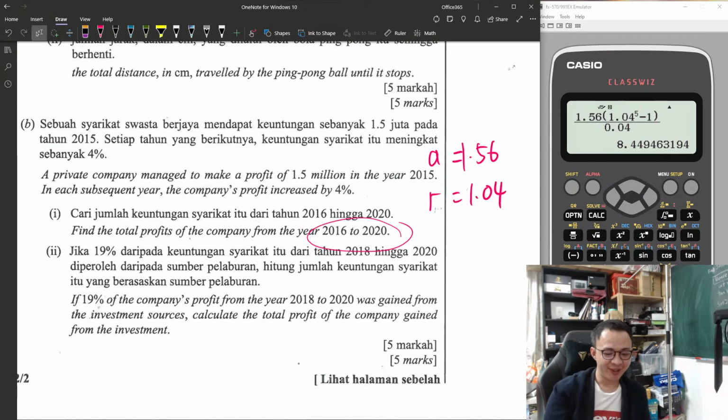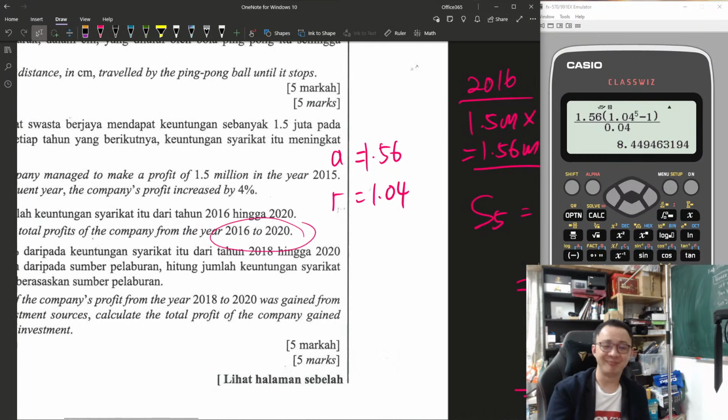Then, if 90% of the company profit from 2018 to 2020 was gained from the investment source, calculate the total profit the company gains from the investment. So I just want to find 2018 to 2020.